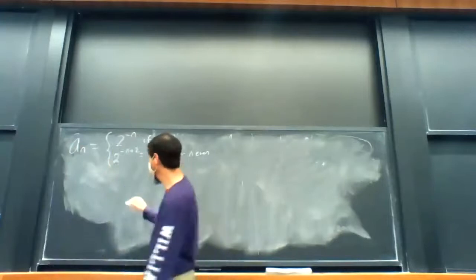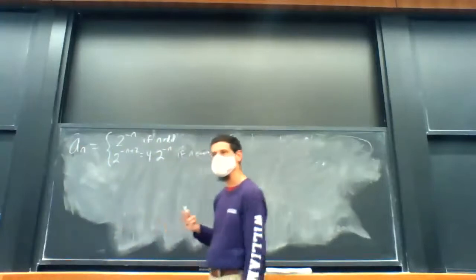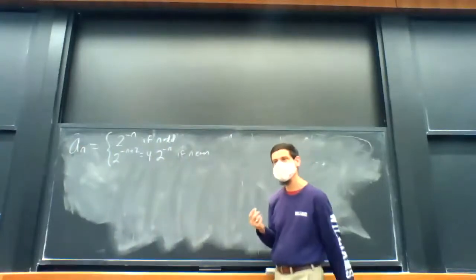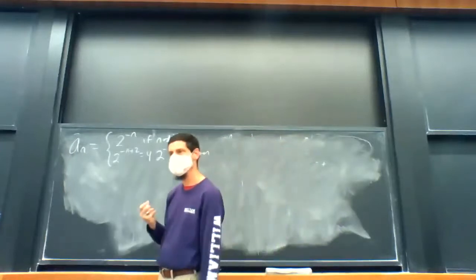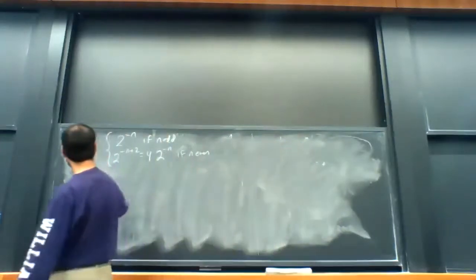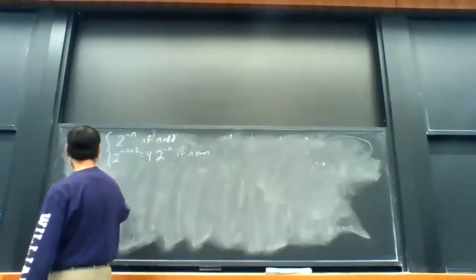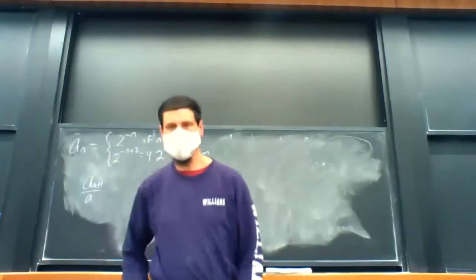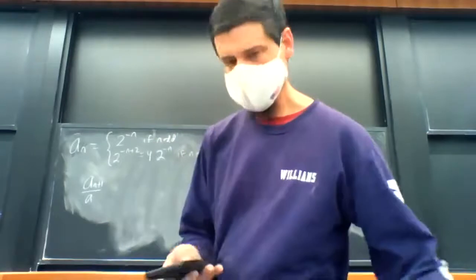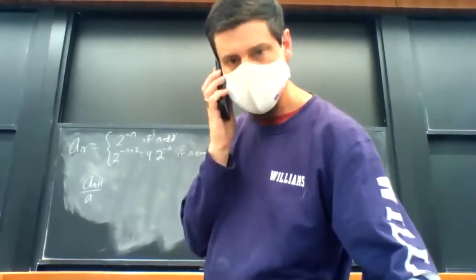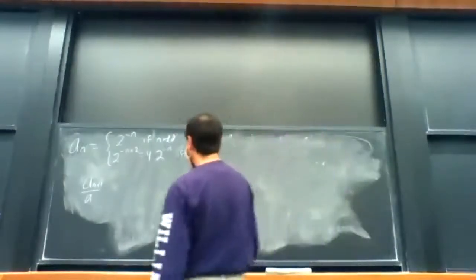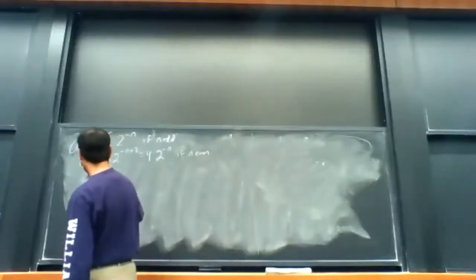We have to compute rho, and what is rho equal to? We look at a_(n+1) over a_n.